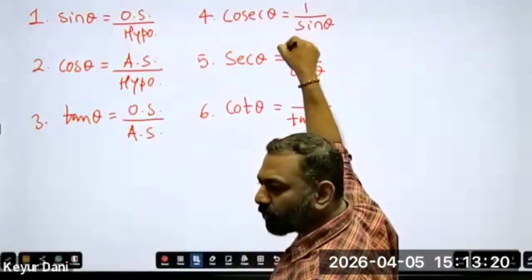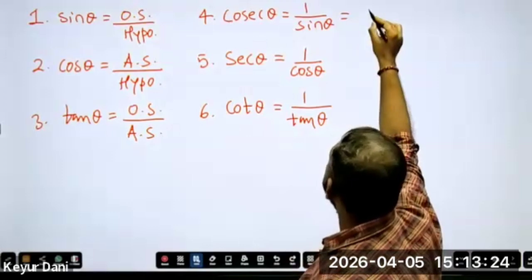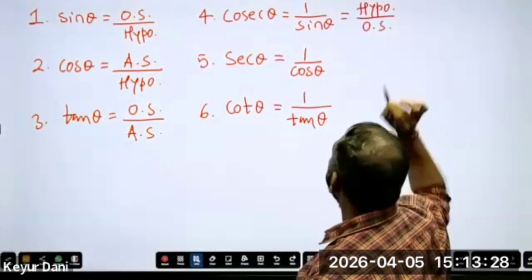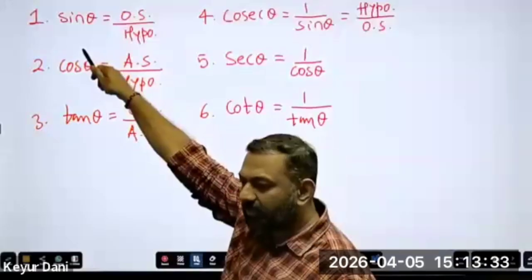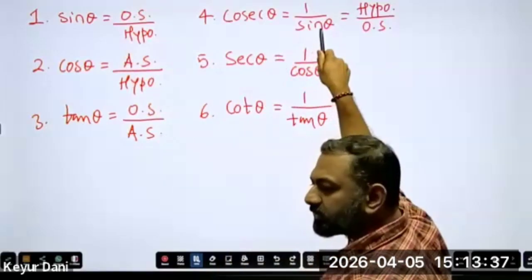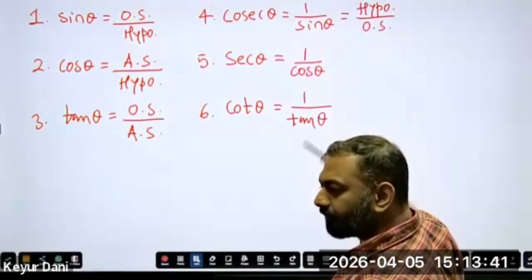Now, if sine was opposite side upon hypotenuse and cosec is the reciprocal of sine, can I say that cosec is hypotenuse upon opposite side? Yes, because cosec is the reciprocal of sine. Sine is opposite upon hypotenuse, so the reciprocal of sine will become cosec, hypotenuse upon opposite.